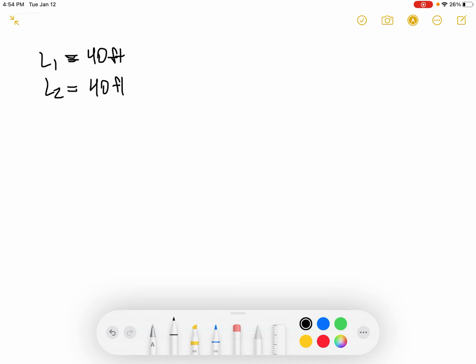The lengths are both 40 feet. But like I said, they have to be in inches. We multiply by 12 to get that, and we get 480 inches. So that's what the length is for both of them. The length is equal.